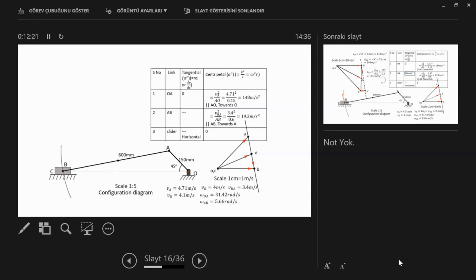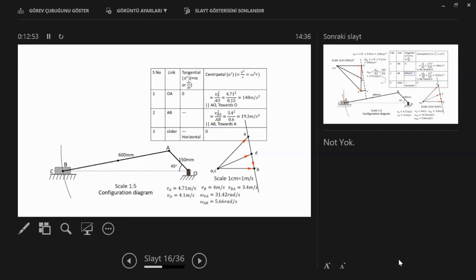Member 1 is OA, member 2 is AB, member 3 is the slider. We are interested in calculating the acceleration, but we know the acceleration for each point consists of two components, normal components and tangential components.